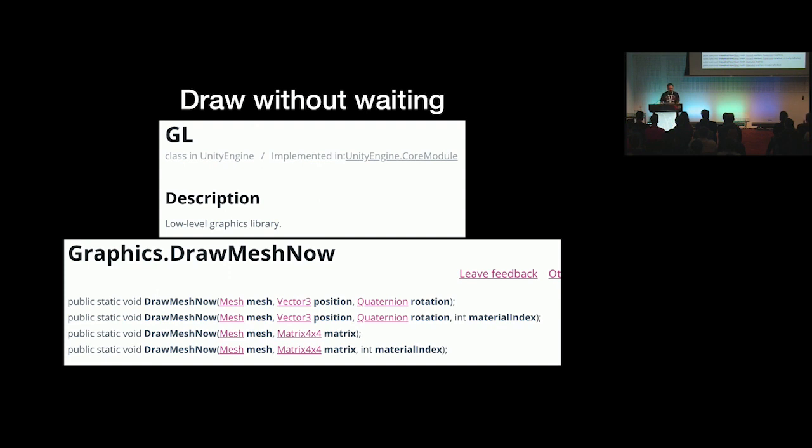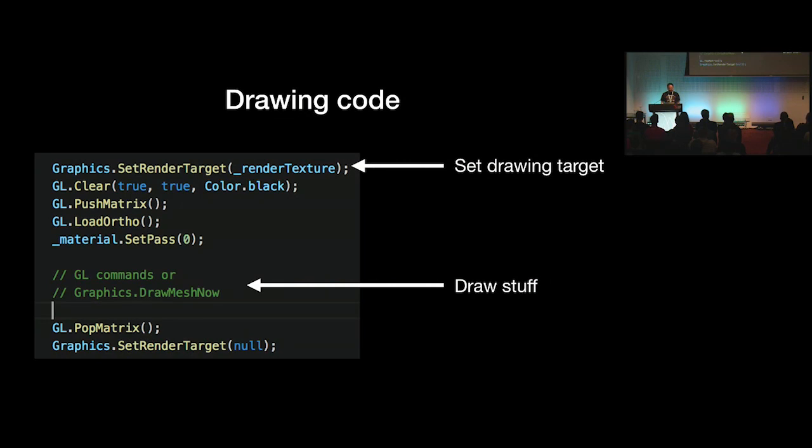So to render into a texture, all you have to do is set your render target to the render texture, clear it, and push your matrix. Pushing your matrix basically means saving your old projection matrix. Then you load a matrix. In this case, I use LoadOrtho, so I'm loading an orthographic matrix.